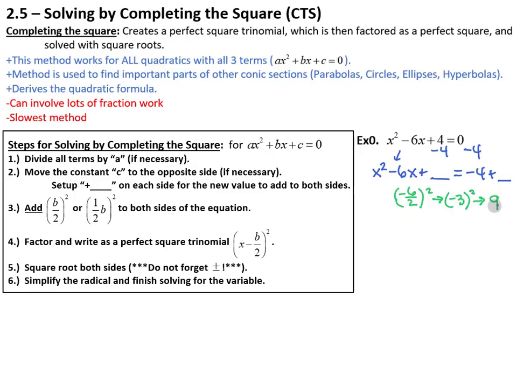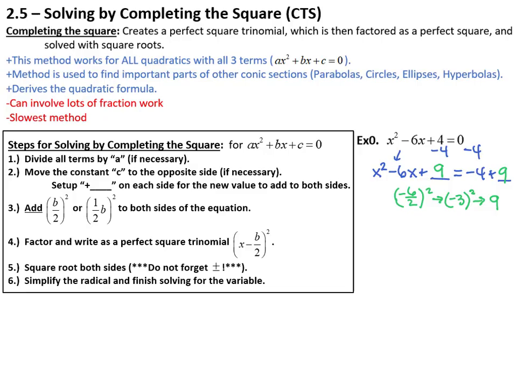By the way, you should always be getting a positive value, because it doesn't matter if the number in here is positive or negative. Times itself twice will always give us a positive answer. It's actually why we also always set up plus on each side, because it will always be a positive number. Okay, so this is the value we need to add on each side so that this side factors as a perfect square.